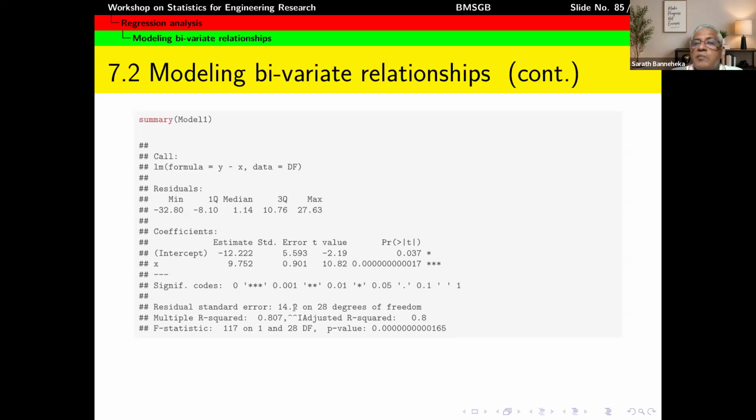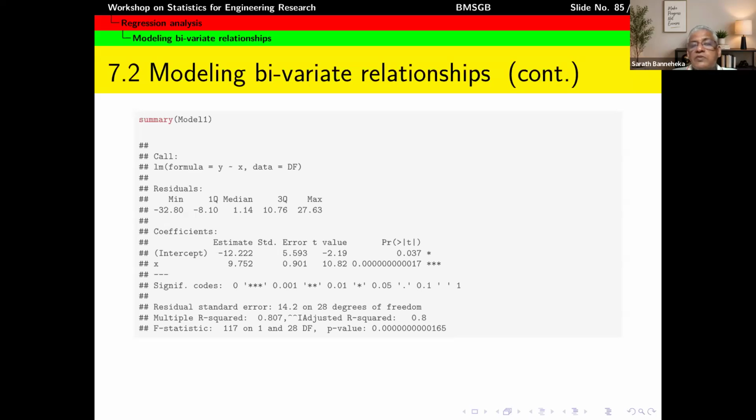Residual standard error, as I mentioned, is the estimate of sigma. Multiple R squared here is 0.807. Adjusted R squared is about 0.8 as well. Here we have only one X variable, so R squared and adjusted R squared are almost the same.